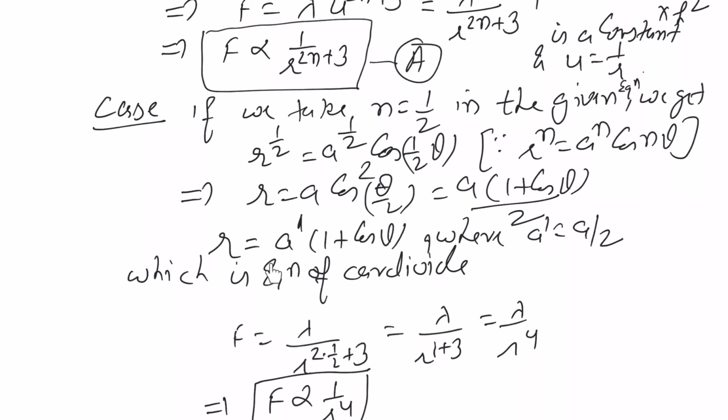This is the law of the force for the general equation, and this is the equation of the cardioid, obtained when we replaced n is equal to 1 by 2 in the given equation, and for that the law of the force is that f varies inversely proportional to r raised to the power 4, where r is the distance from the pole, the radius vector. So this is the problem.